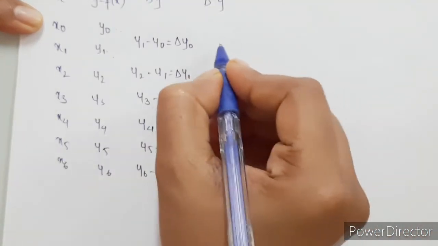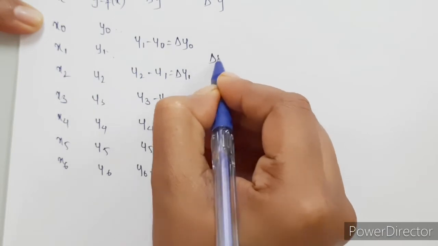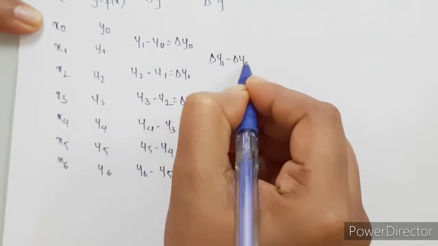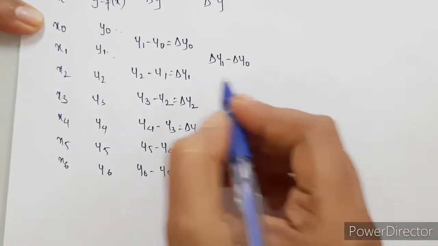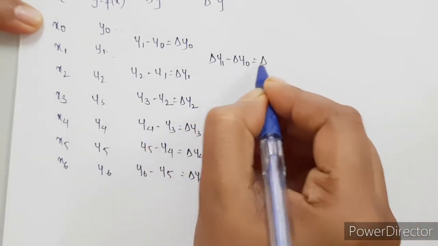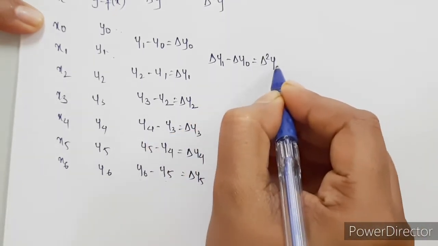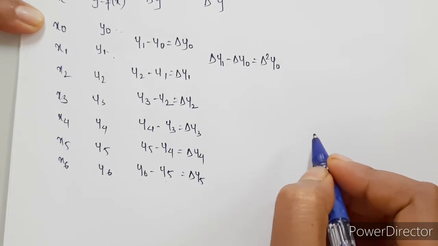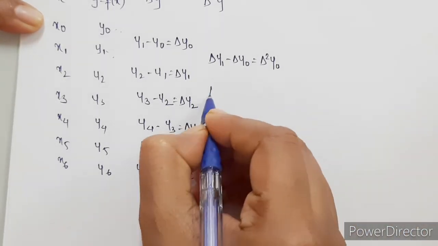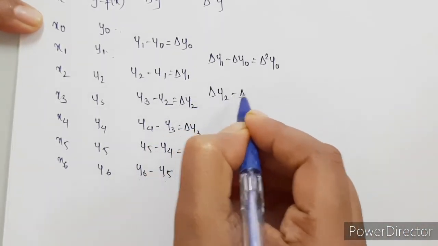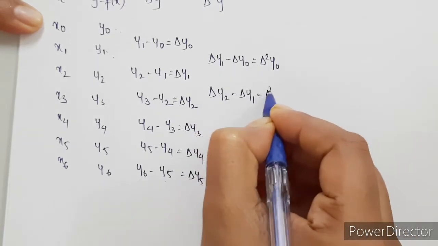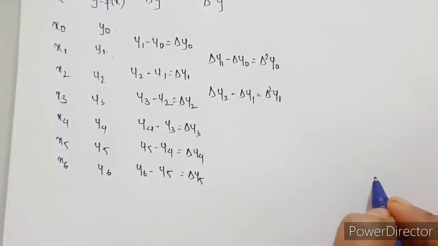Now second difference will be delta of y1 minus delta of y0, which is nothing but second difference of y0. Here this can be written as delta of y2 minus delta of y1, which is second difference of y1.